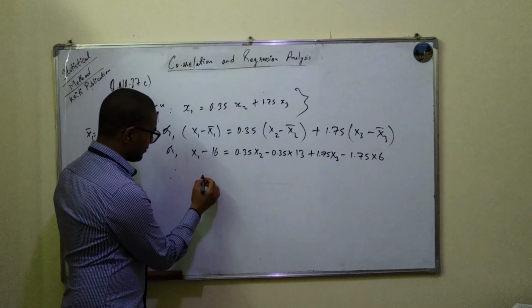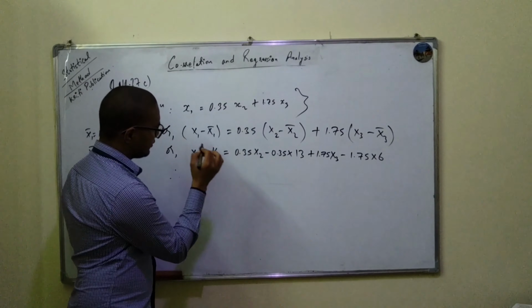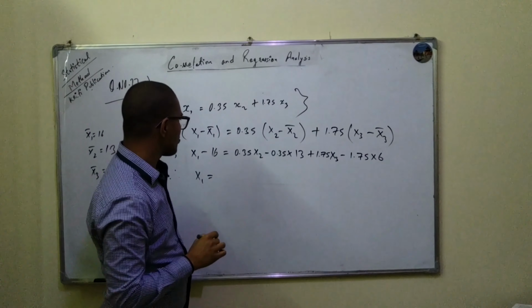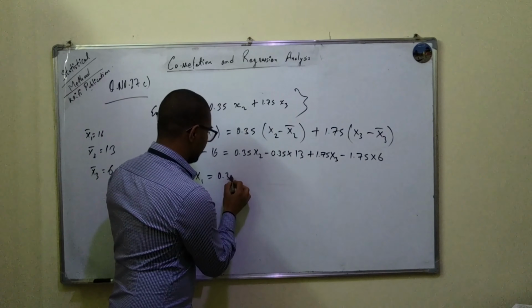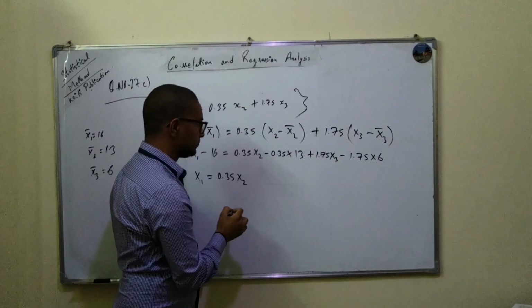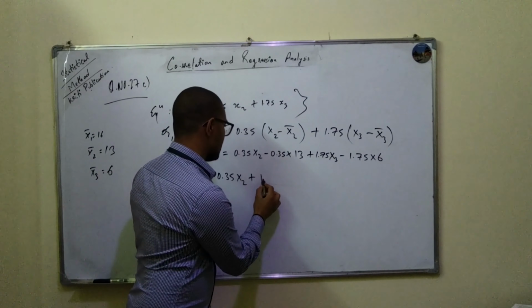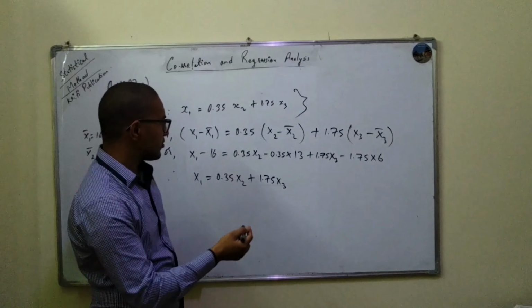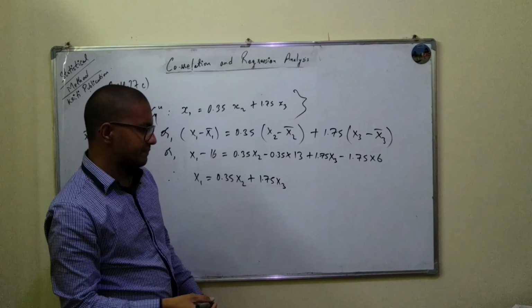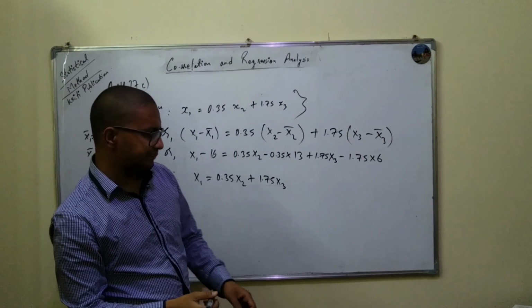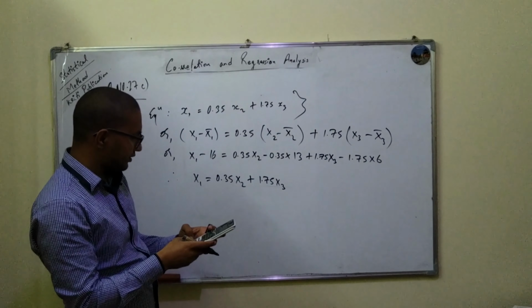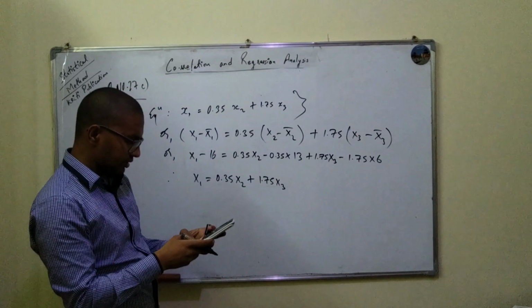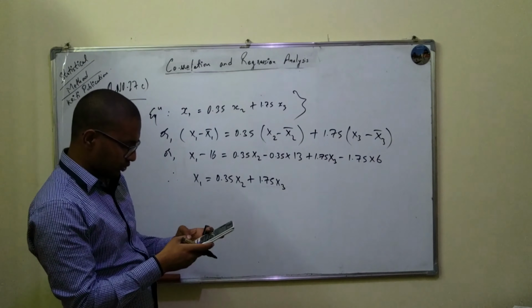Okay, therefore x1 is equal to 0.35 x2 plus 1.75 x3, and then how much would that be? 16 would go over there. The other values would be basically 16 minus 0.35 into 13 minus 1.75 into 6, right?